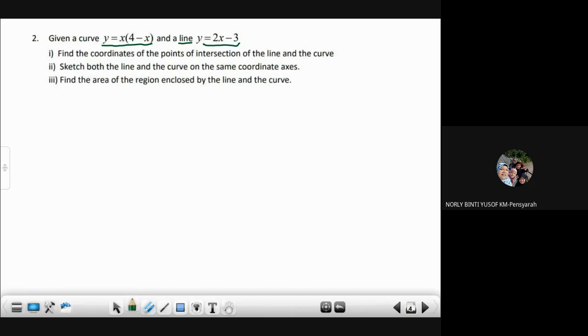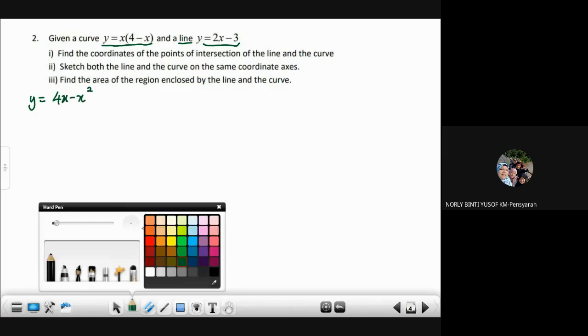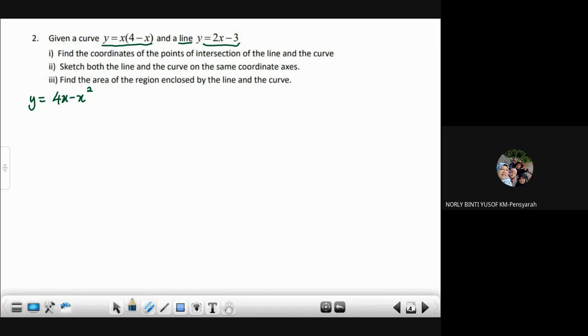So sebelum nak cari the point of intersection, kita buat dulu sketching graph dia lah. So untuk yang pertama, first the curve lah. So if you expand, you will get 4x minus x squared. So you know already your roots untuk x adalah 0 dengan 4 kan. So this one you know that your a is negative, that means sad face lah kan. Sebab negative x squared. So set the shape.